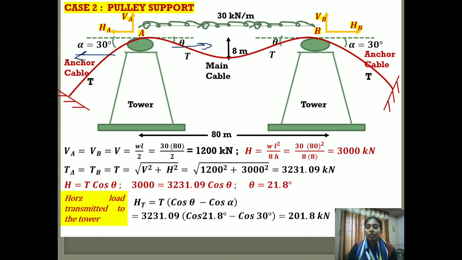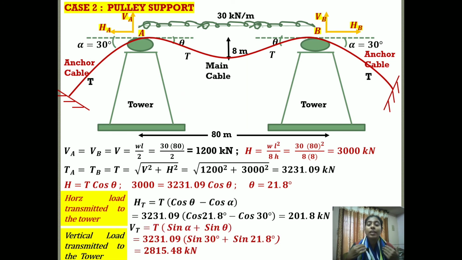Now for the vertical load transmitted to the tower, we will equate the vertical components. The vertical component of tension in the main cable is T sin theta, and the vertical component in the anchor cable is T sin alpha.